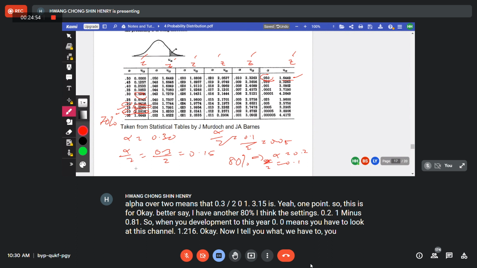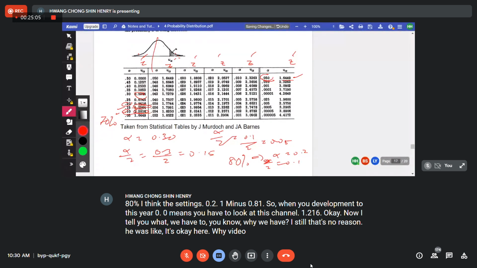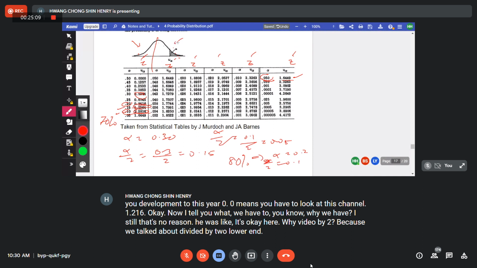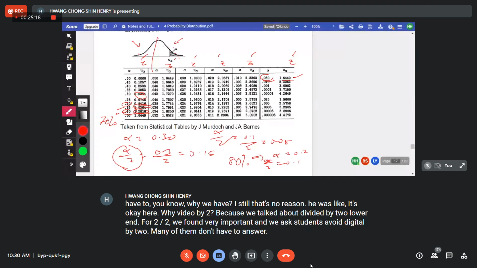Okay. Now I tell you why we have to divide the alpha by 2. Do you know why? What's the reason? Because we talk about two sides. Listen carefully. Why we divide by 2? Because we talk about lower and upper. So divide by 2. This one is very important. When we ask students why we divide by 2, many of them don't know how to answer. Sometimes alpha no need to divide by 2.